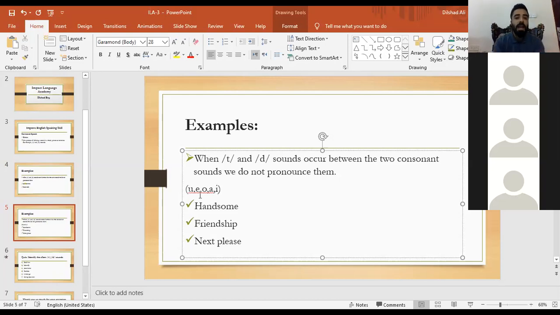But sometimes we have these five letters and we do not pronounce them, like we explained with the word "like." You see, we have E at the end, but we are not pronouncing it.